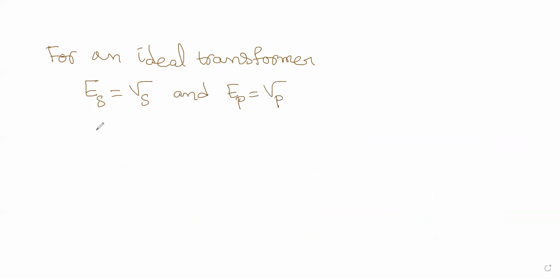VS is equal to minus Ns into d phi by dt, and similarly Vp is equal to minus Np into d phi by dt.